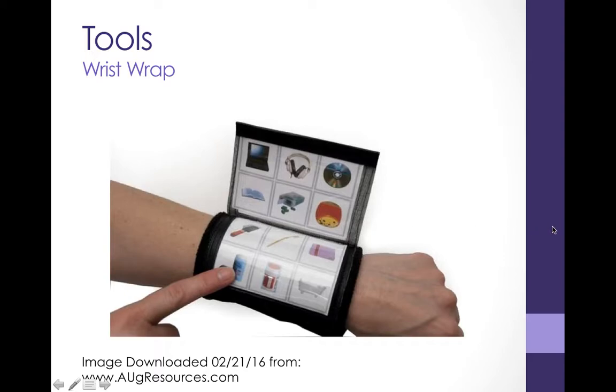I really like this wrist wrap. This is again a commercially available tool, but it's also something you could create, right? So it's not so far from the wristband that we saw, but here you see they've got 12 symbols on this one little display that they can point to and supplement their verbal input with this picture-based input.